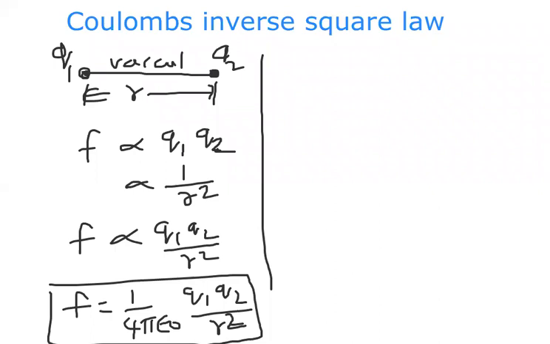Now similarly, in magnetism we are discussing that there are two poles. One pole is M1, the other pole is M2. The two poles are separated by some distance R. Generally, monopoles do not exist in nature. We are considering this only for comparison with the topic.